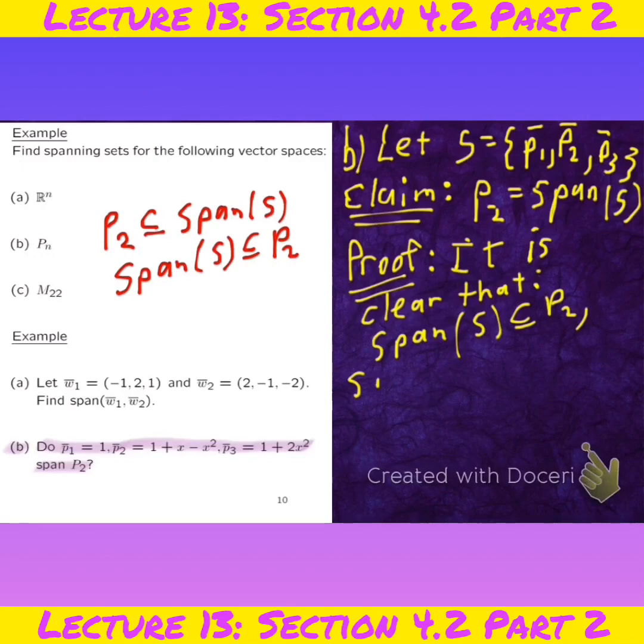And that is true since P2 is a subspace, or P2 is a vector space. Okay, so any linear combination of vectors in P2 will be in P2.